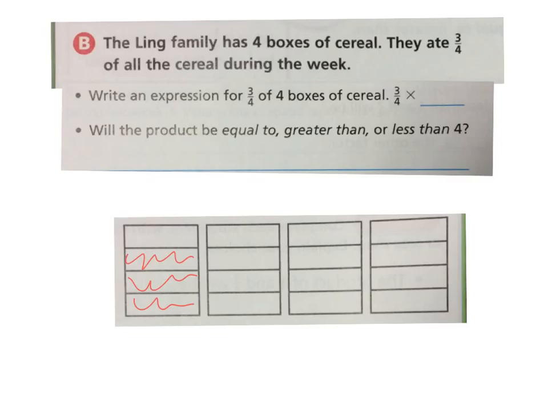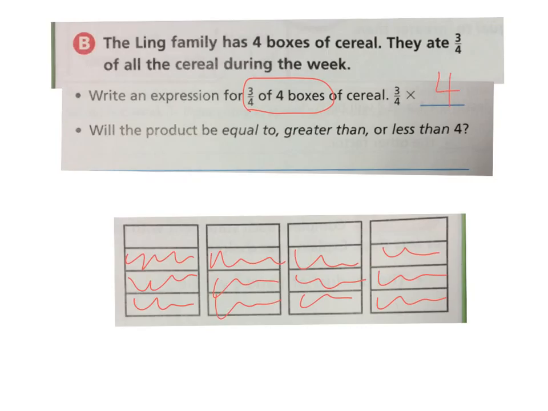No, they also ate 3/4 of the second box of cereal, and the third box as well, and also the 4th box. Okay. What math expression does this show? 3/4 of how many boxes of cereal? 4. So how can I write 3/4 of 4 as a math expression?